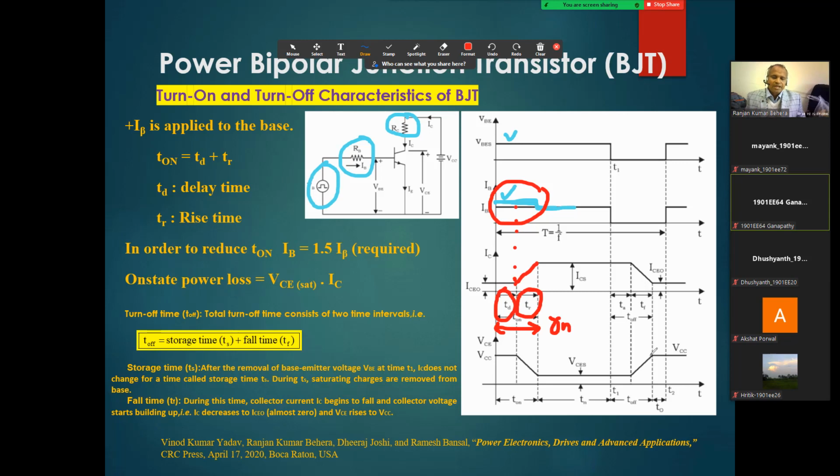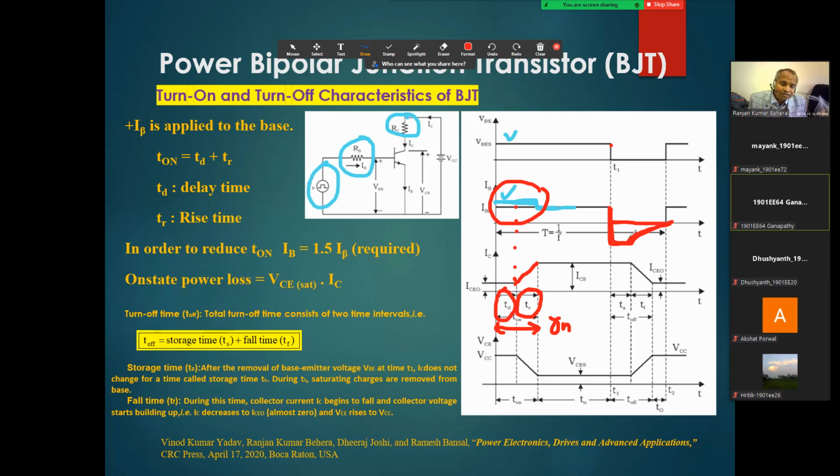Similarly, when you apply a negative base current, maybe this base current is just done here, but actually it is not. It will have some base current like this. This is also an ideal case, but actually you don't get it in the ideal case. The base current will be somewhat decreased like this, and it will come to this point.